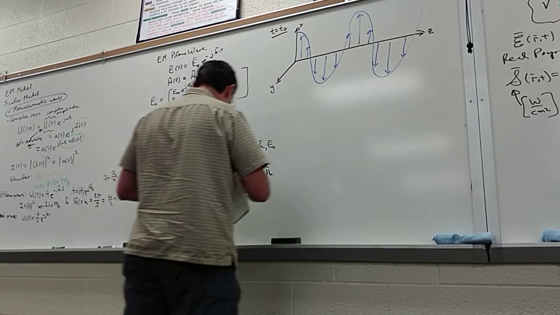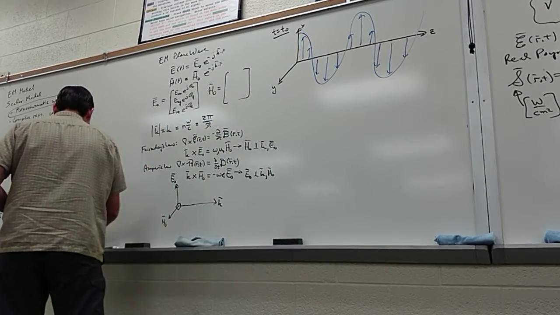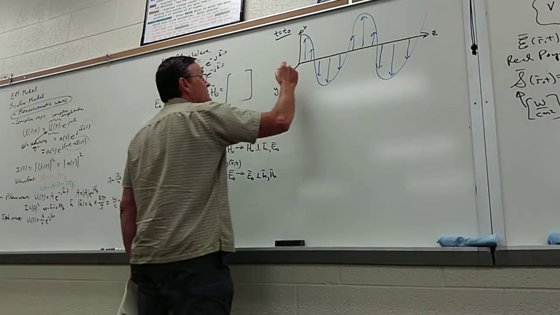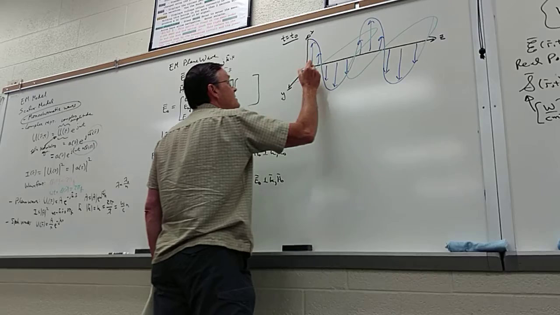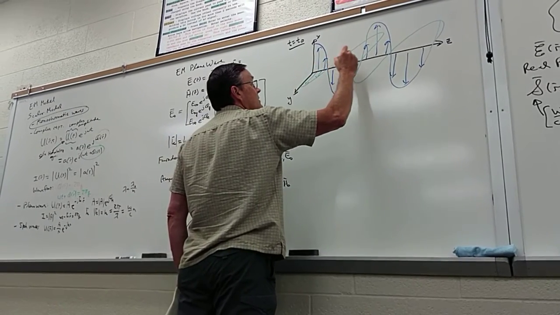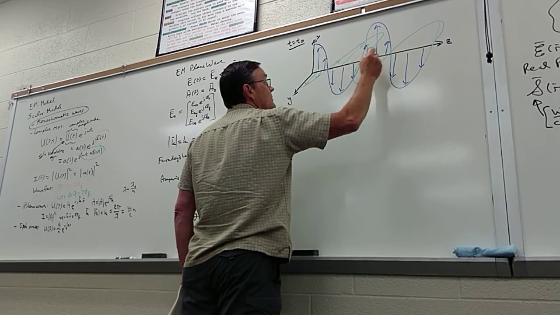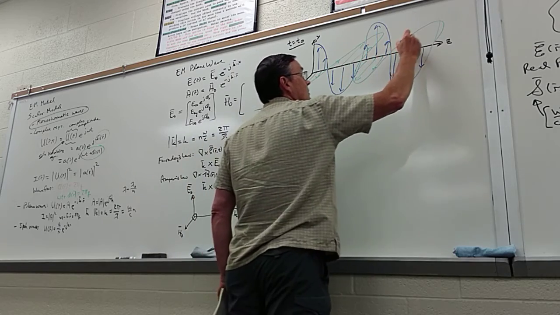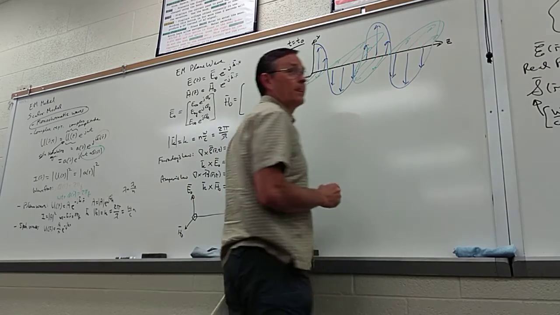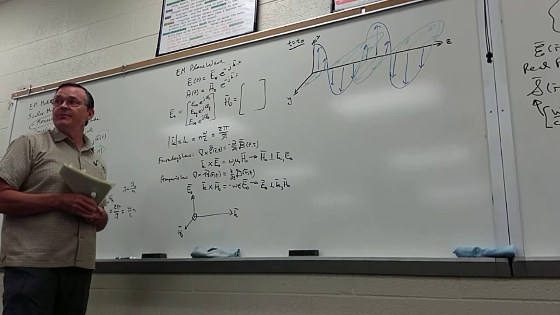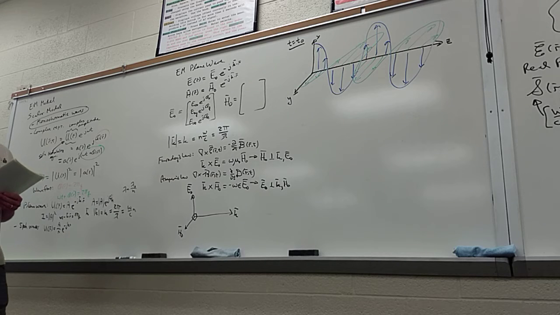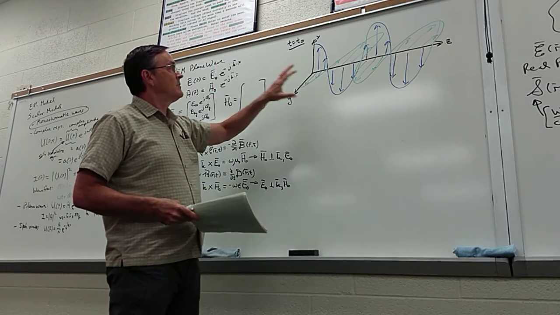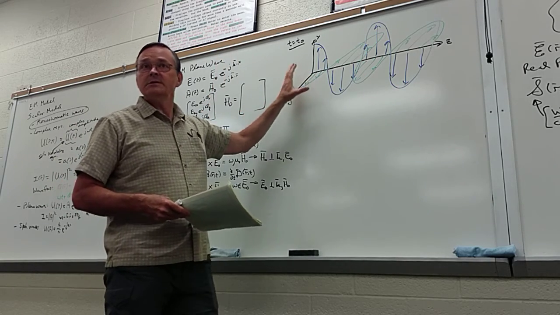And then the magnetic field would be orthogonal to that and in phase with it. So it would be doing something like this, where this is now in the YZ plane. So frozen in time, just taking a snapshot, that's what that plane wave looks like, the electric and magnetic fields. And then if I unfreeze it in time, what happens? These things just propagate.